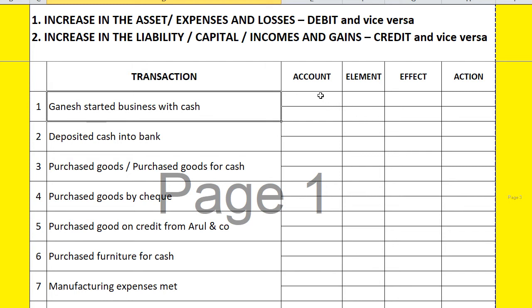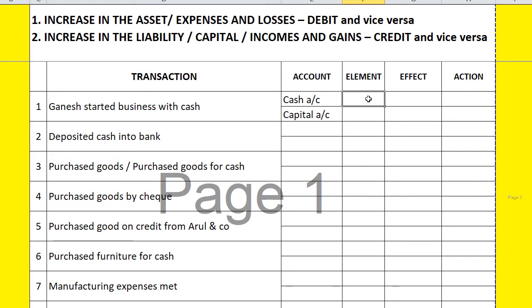The two accounts involved in this one are cash account and capital account. Children, this is done only for your understanding. You need not do it like this in the examination or even your workbook. This is just for understanding.